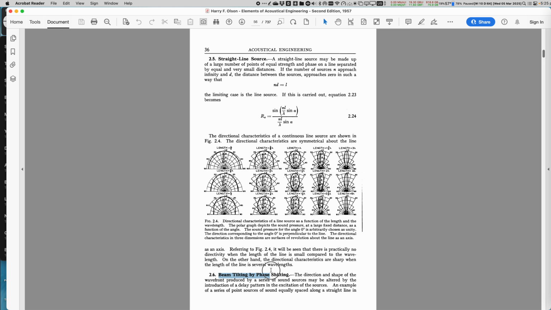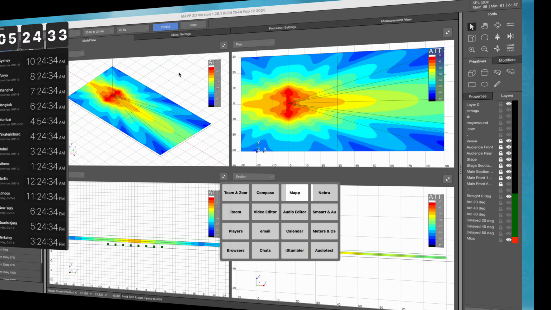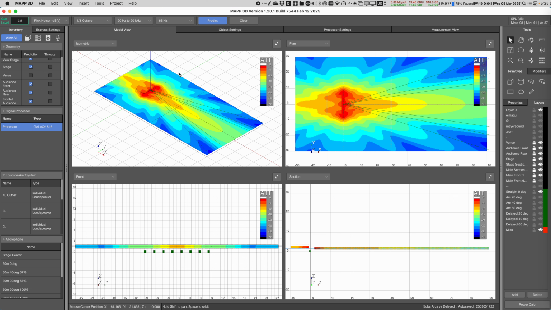It's called beam tilting by phase shifting, where he explained that we need to use different delay values from the center, zero delay, to more delay in the outers to produce this deviation. So in other words, this is not new technology or modern design techniques. These are very, very ancient techniques.